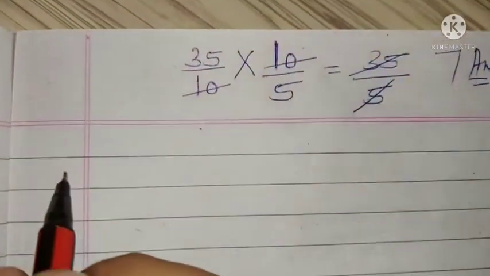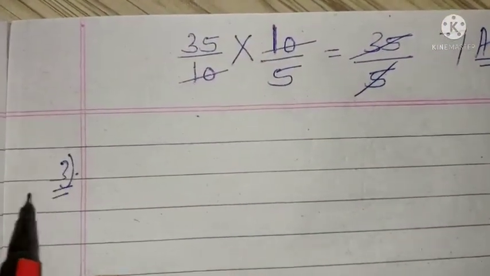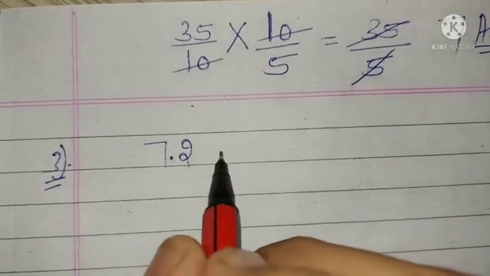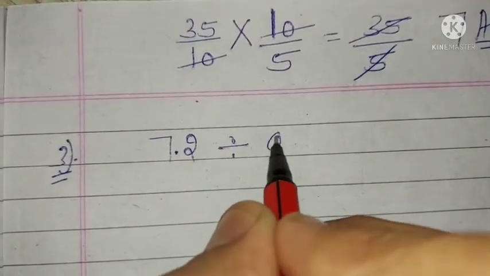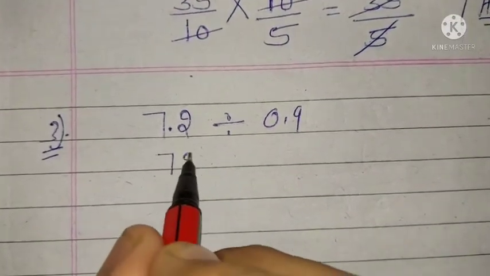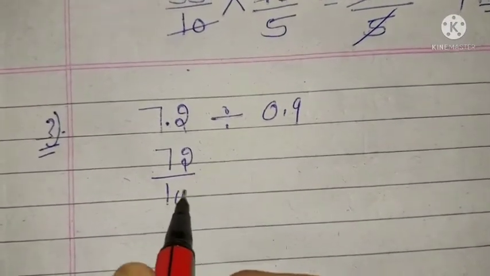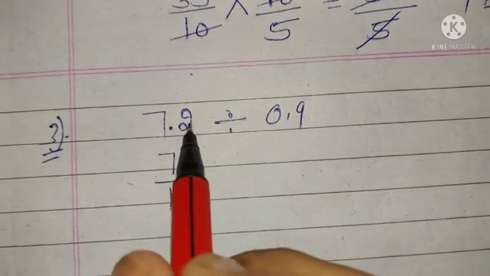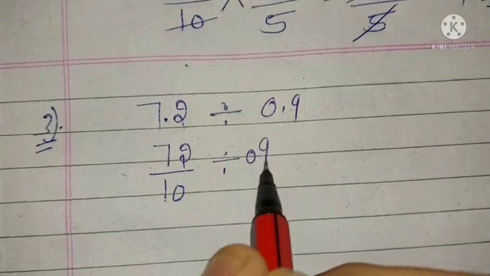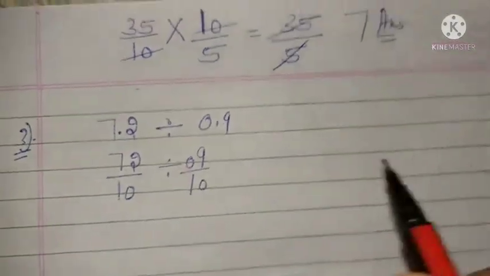You can have one more example, question number 3. Please write down the statement: 7.2 divided by 0.9. I have told you to convert the decimal to a fraction. First you convert; after the decimal one digit is there, so 10 would come. 9 upon 10.